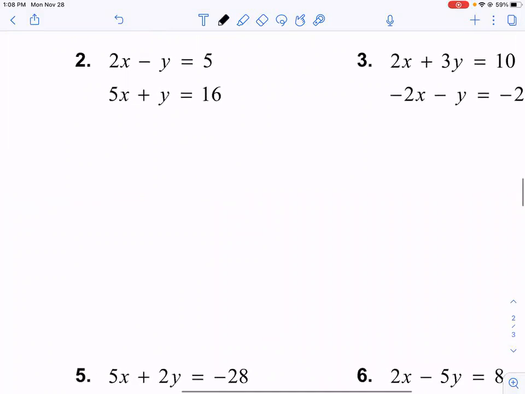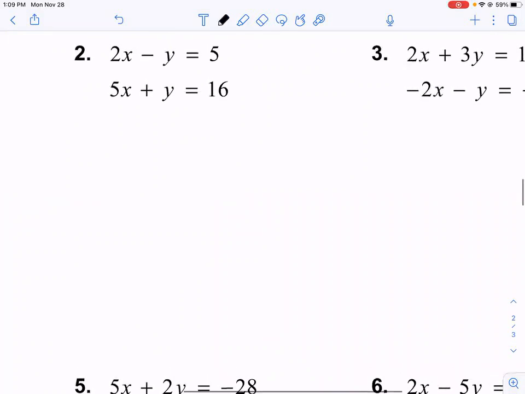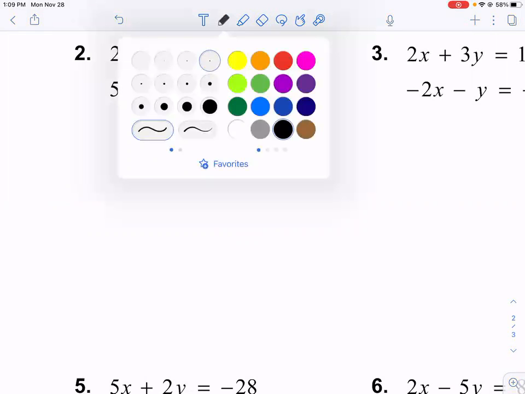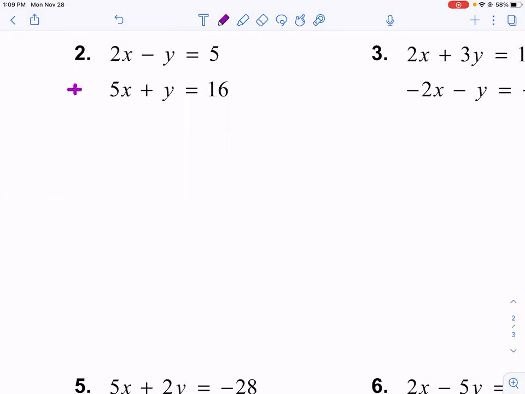All right, let's look at number 2. In number 2, is there a pair of coefficients that are opposite? Okay, so let's add these two together.